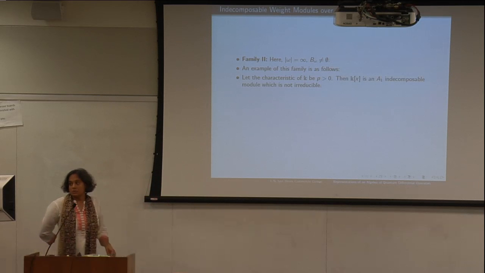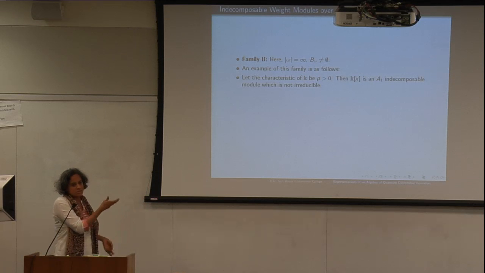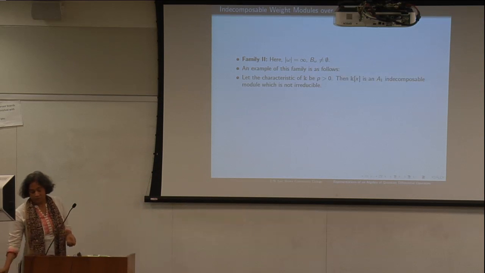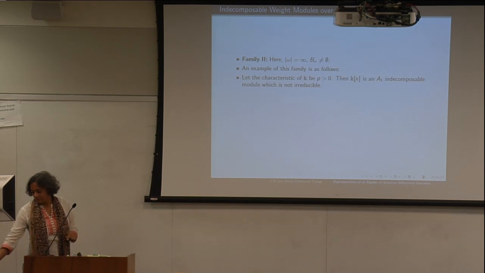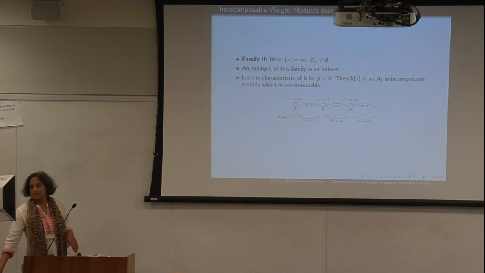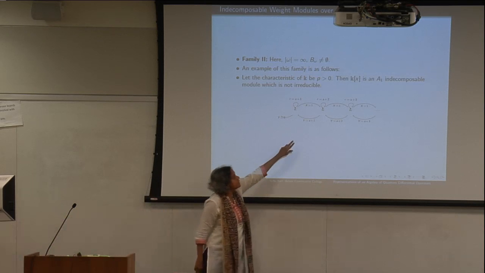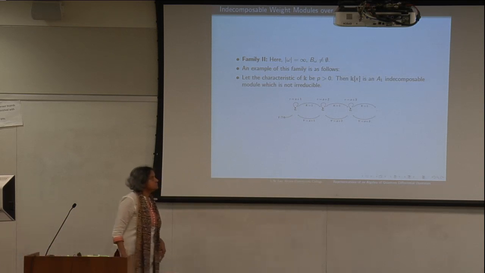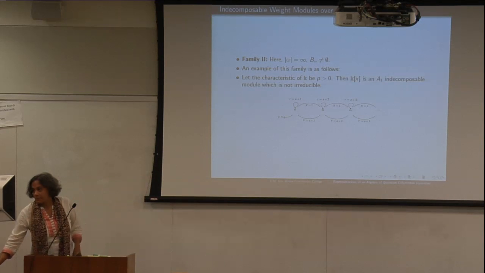Notice that because the characteristic is non-zero, you hit 0 several times. So what you have is not irreducible, but it is indecomposable. Here is an example of the same picture in general. My a could be anything then, so I could hit 0 anywhere else.